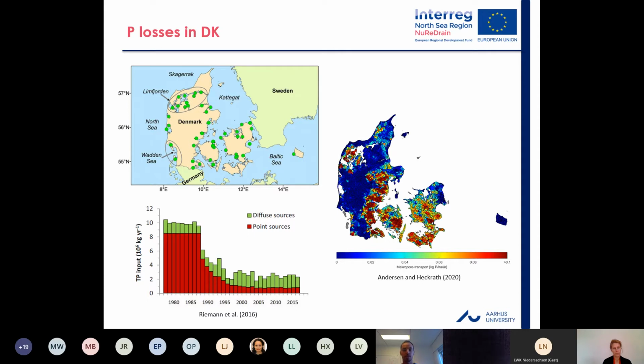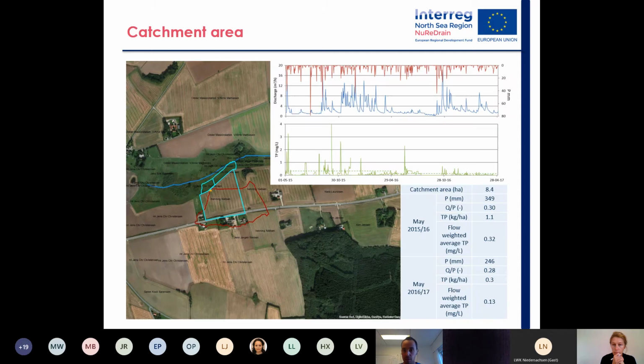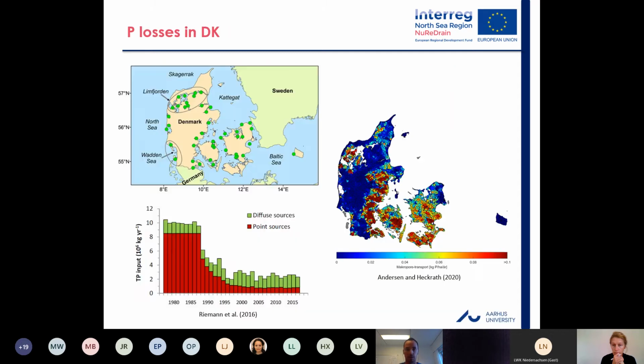An up-to-date risk map is shown instead to the right. It's from 2020, and it calculates the macropore transport to drains. This is generally related to soil texture and climate.